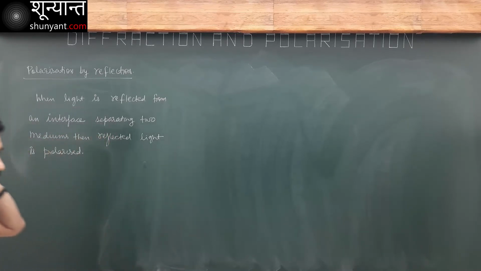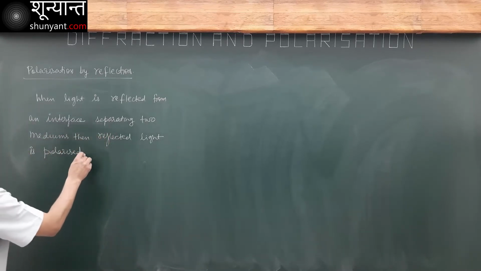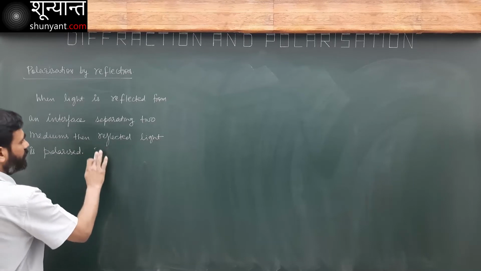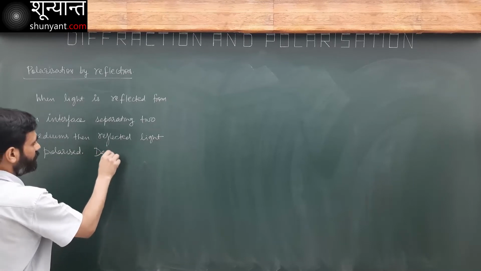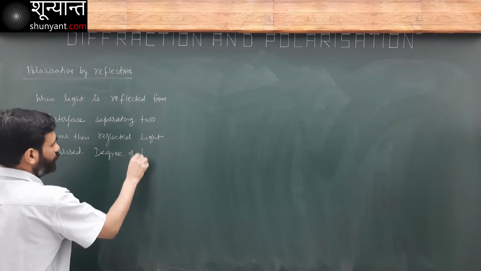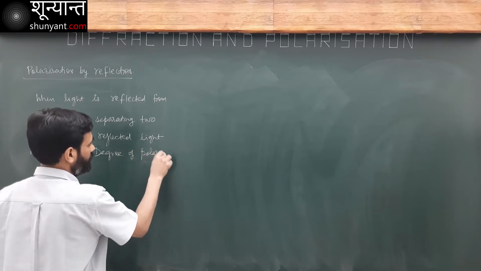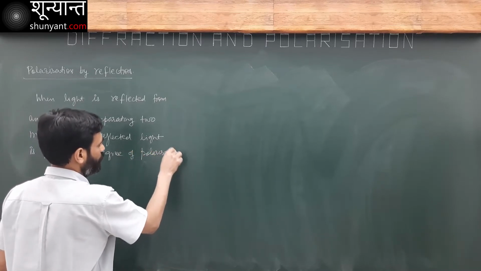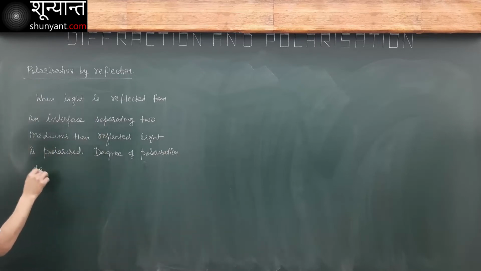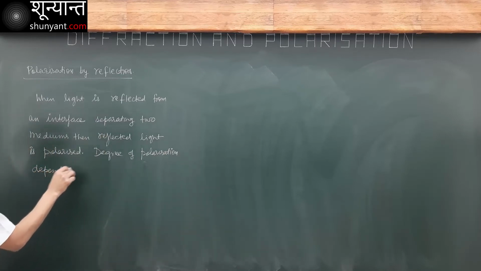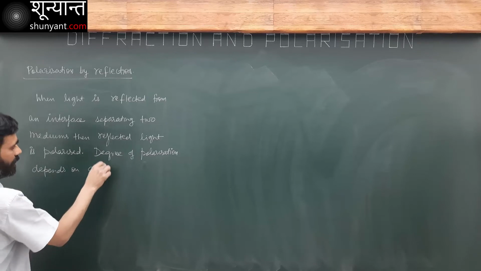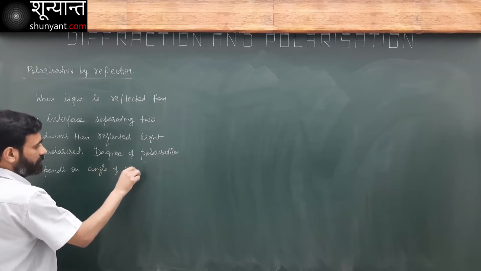Now let's see, there are some conditions. The degree of polarization depends on the angle of incidence.